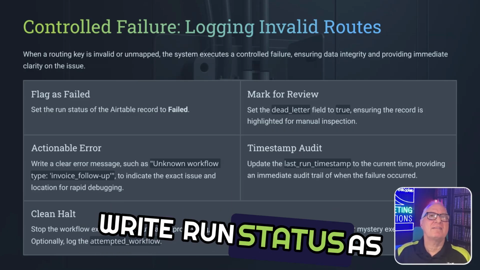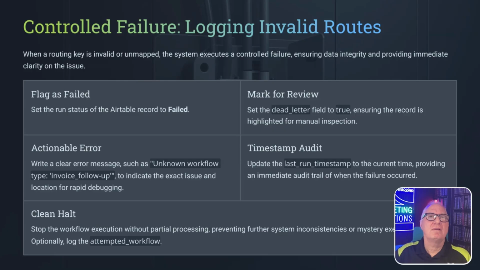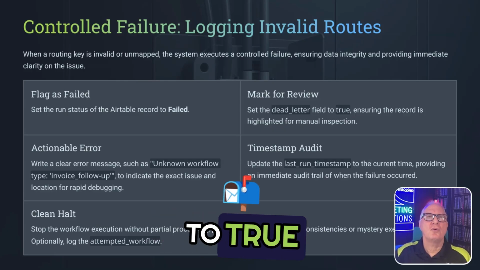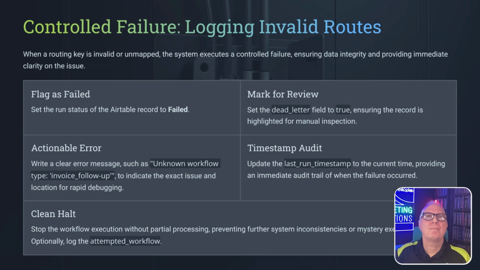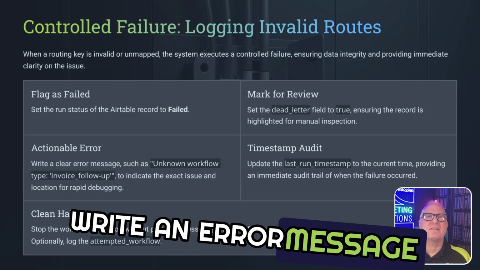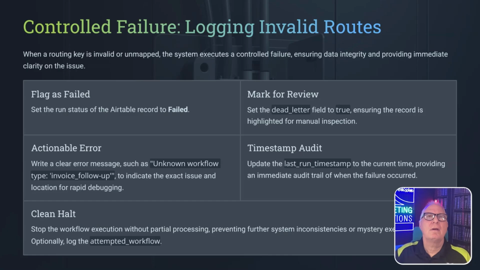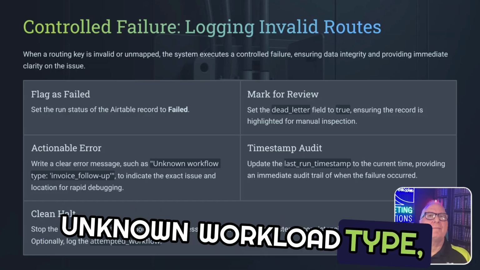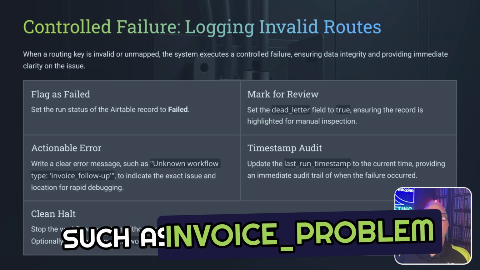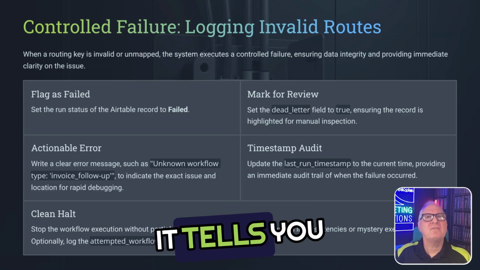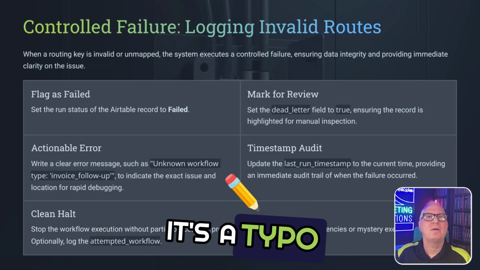Write run status as failed. Set dead letter to true. Write an error message that a human can act on. Unknown workflow type, such as invoice_follow-up, is actionable. It tells you it's a typo.